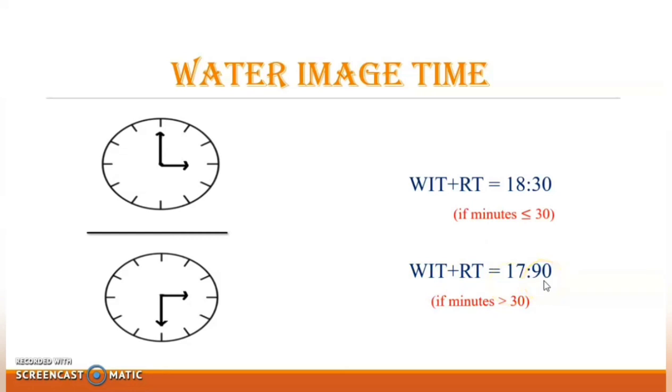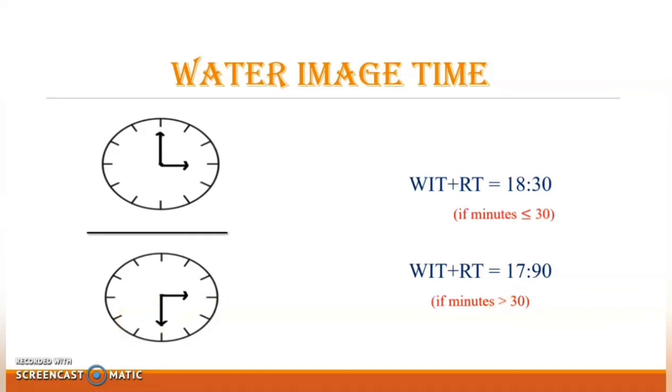Though this is the same as 18 hours and 30 minutes, in order to avoid the negative values, we take 17 hours and 90 minutes if the minutes in the real time are greater than 30.